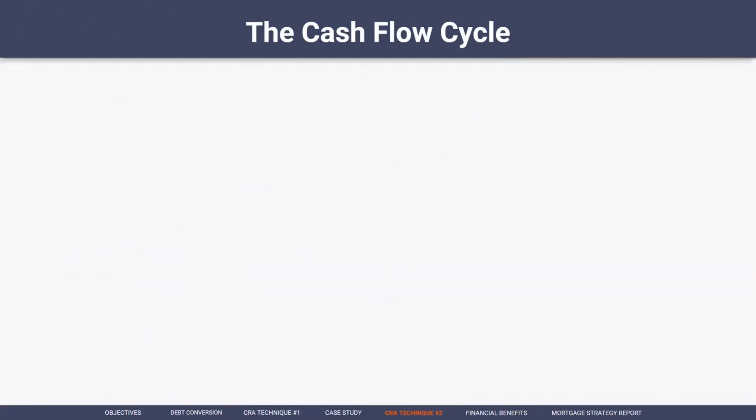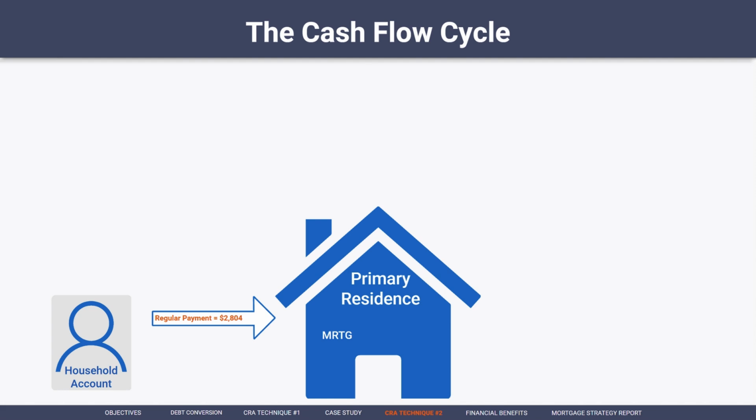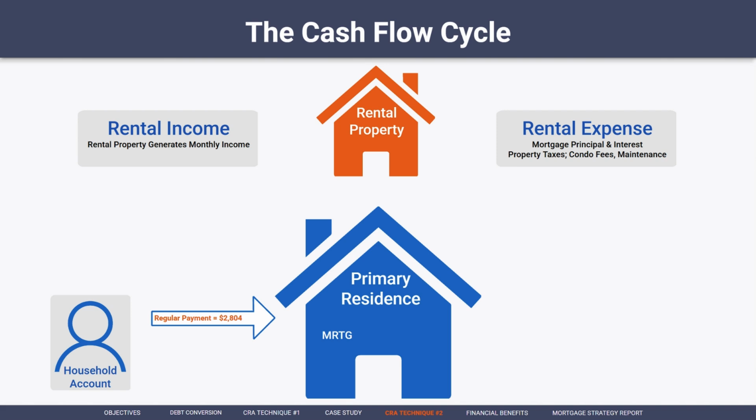Let's take a look at the cash flow cycle again, but this time with the numbers from the case study. We've got the principal residence in the center, and we're making regular mortgage payments of $2,804 monthly. The payment comes from the homeowner's regular household bank account, same as it does today, no change. Up above, we've got the rental property, income on the left and expenses on the right.